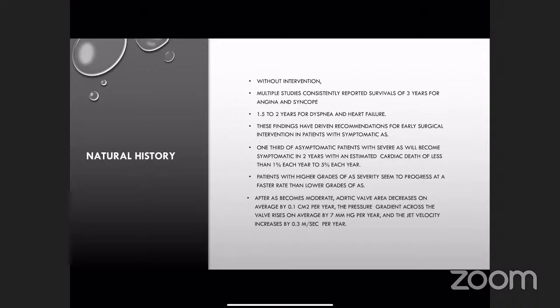After aortic stenosis becomes moderate, the aortic valve area decreases by 0.1 square centimeter per year. The pressure gradient across the valve rises on average by 7 millimeters of mercury per year, and the jet velocity increases by 0.3 meter per second per year.